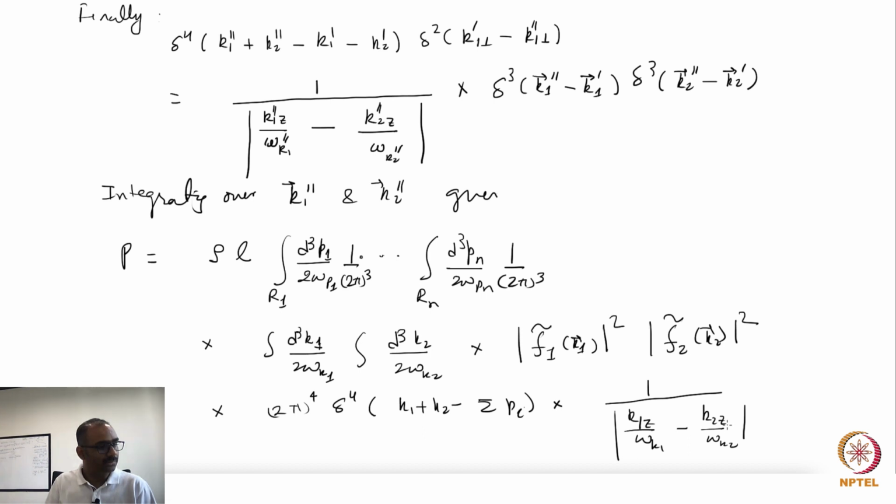Looks like I have taken care of all the, no, I have missed factors of 1 over 2 omega k1 2 omega k2. This is the result that I have now.